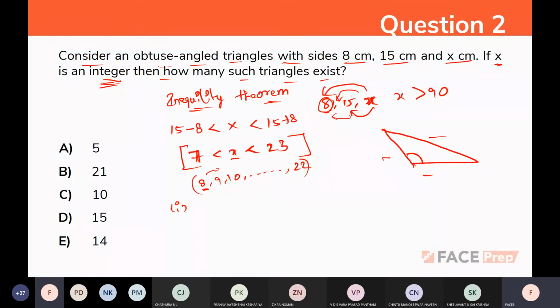But we have 15 here, which lies between 2 and 8. So x can be anywhere in this range. So we need to compare 15 and x. So we have two cases here. x can be greater than 15, or 15 can be greater than x.